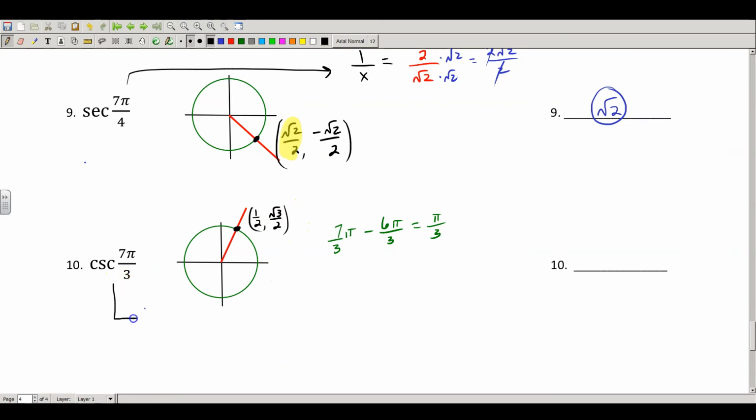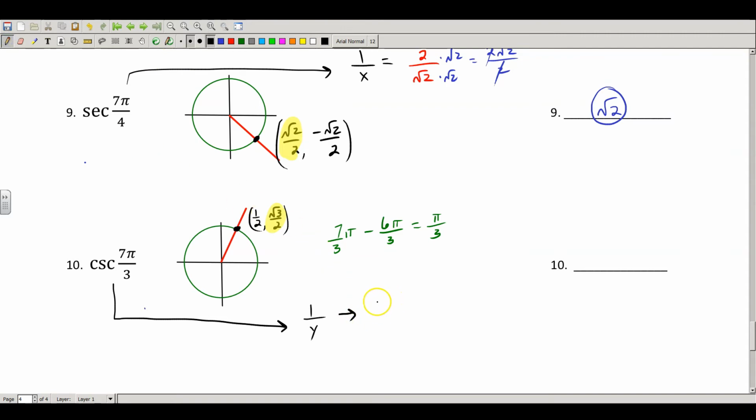The cosecant is 1 over the y value, or it's the reciprocal of the y value, the reciprocal of sine. So if we look at the y value, it's √3/2.